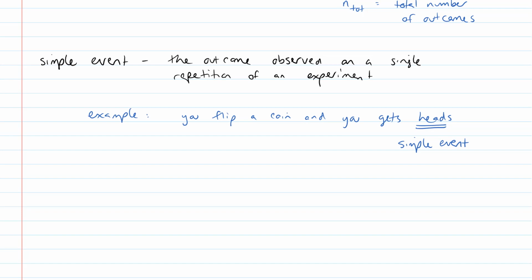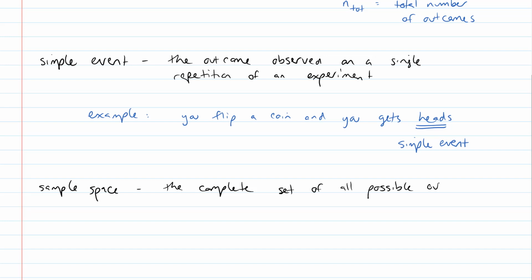Let's look at one other idea here, which is the sample space. It is the complete set of all possible outcomes, and so for our example, we'll use the same example.